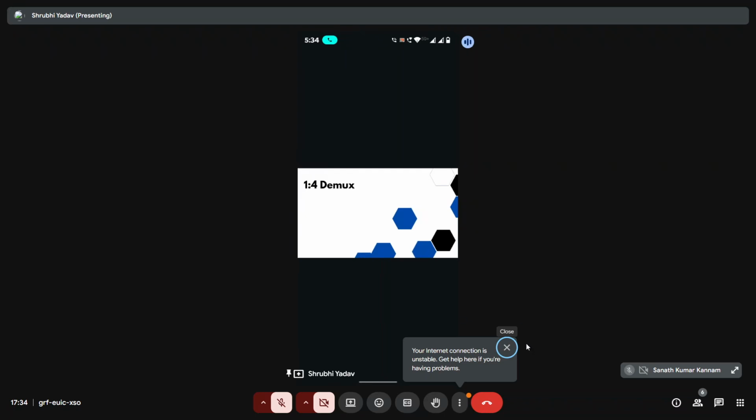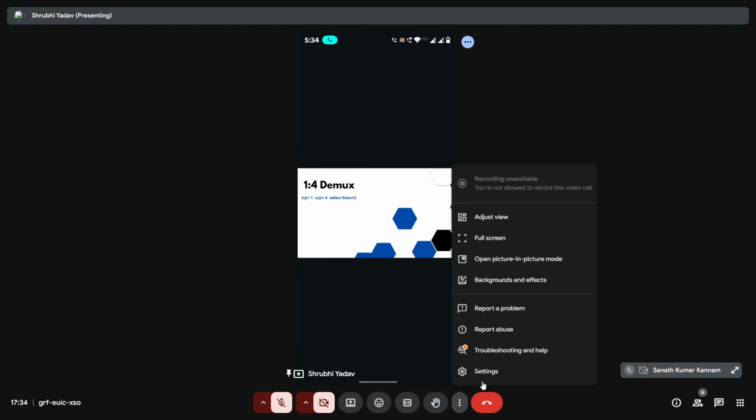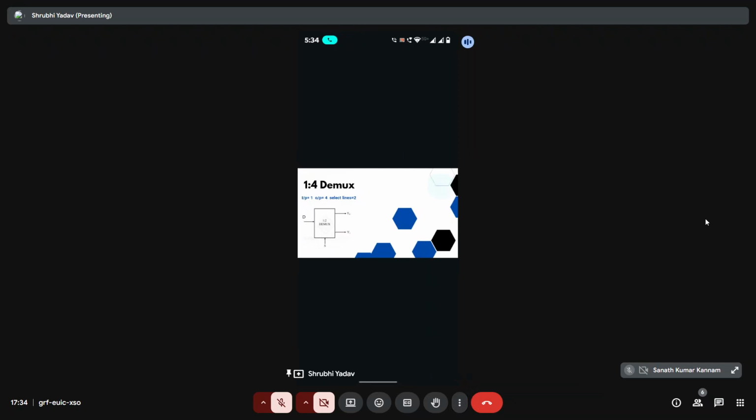Moving towards the 1 cross 4 DEMUX, it has an input of 1 and output 4. So the select lines will be 2. Here we can see the block diagram of the DEMUX.